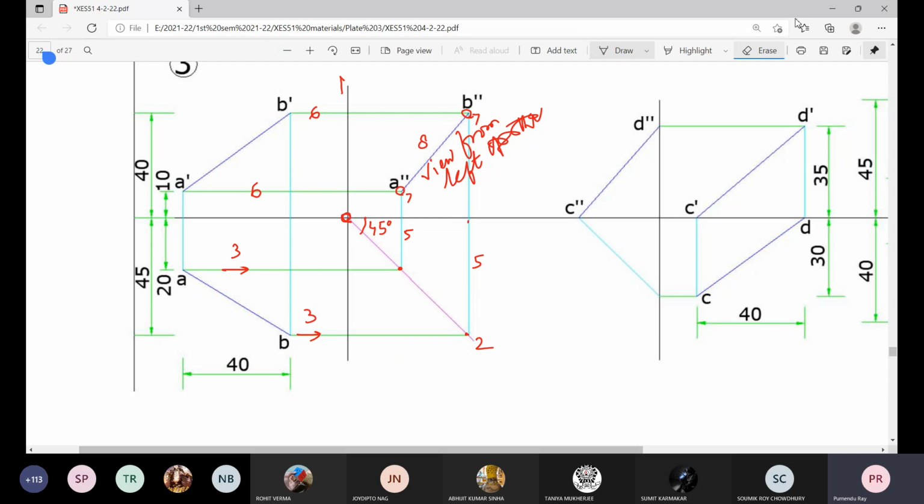Oh, sorry. View from left for the line capital A, capital B. Okay.